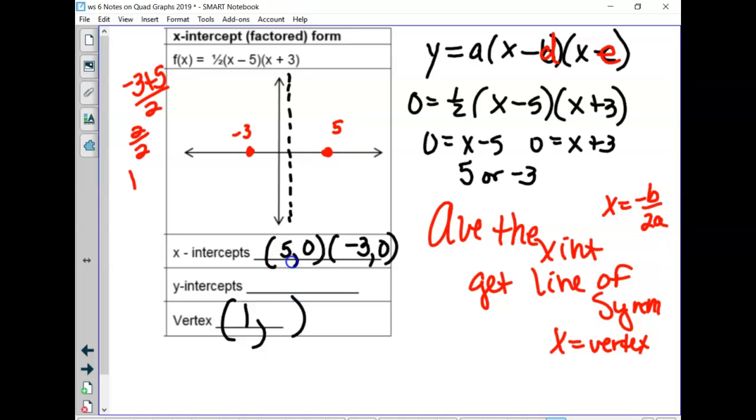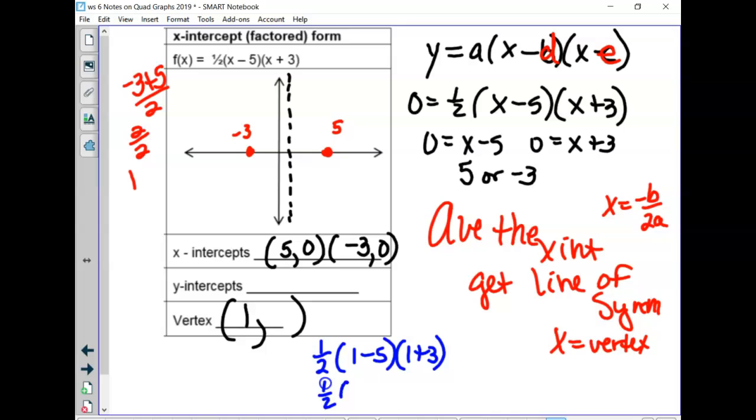Most likely you're not going to be asked a question on a quiz given this form, because to graph it, it's just icky. But you could change the form, right, if you wanted to. You could foil it together and distribute. How are we going to find the rest of the vertex, though? Yeah, plug it back in. So we're going to have 1/2, 1 minus 5, and 1 plus 3.